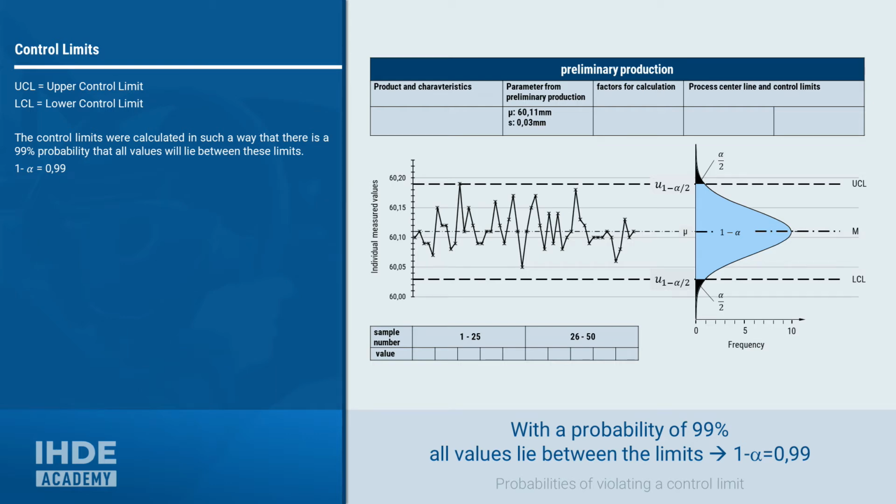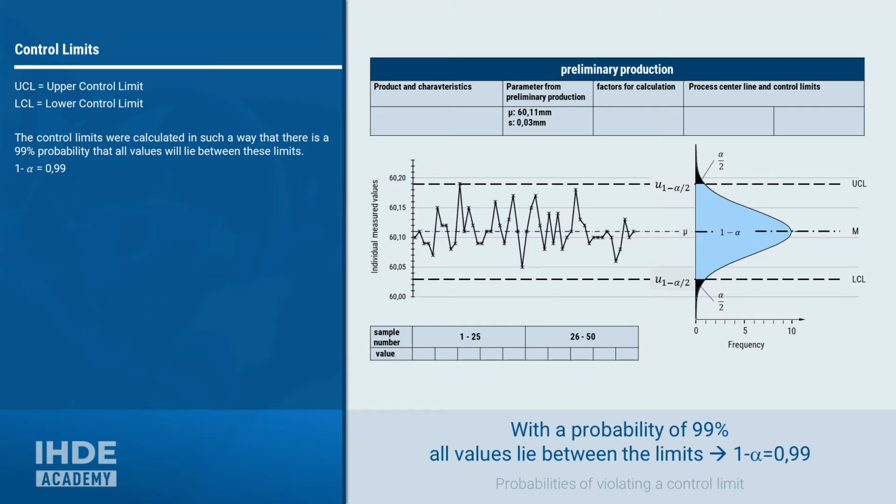A quality control chart should now only provide a signal in the case of an unusual event. This means that the probability of a limit violation must be correspondingly small. To do this, you can set the upper control limit and the lower control limit in such a way that the probability that a value lies between these limits is 99.73%.